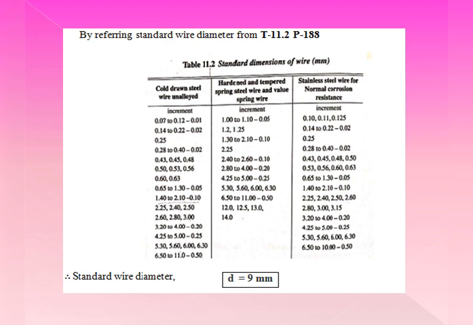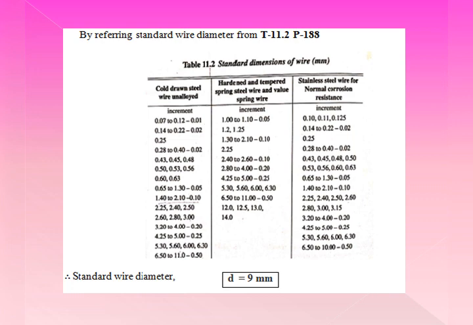Now we got the value of wire diameter d is equal to 8.867 mm, but it is not final. We must refer the standard values by referring table 11.2, page number 188. Here in the last line, it is given 6.5 to 11 with the increment of 0.5.